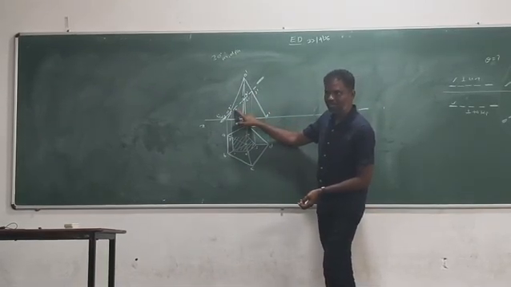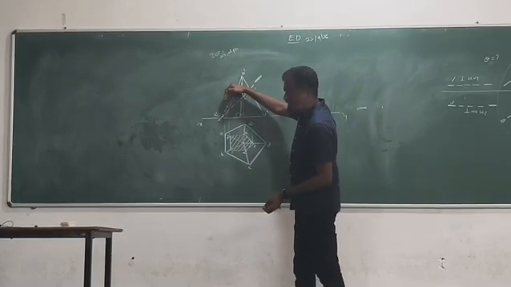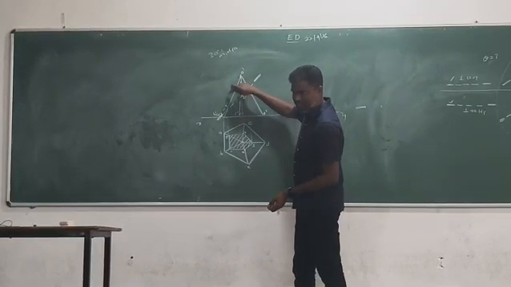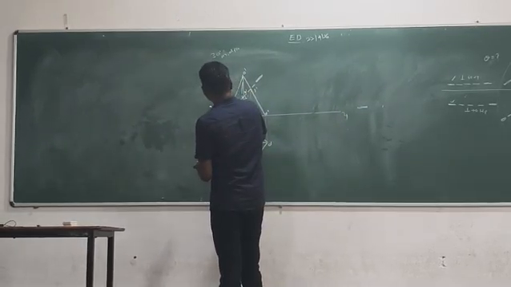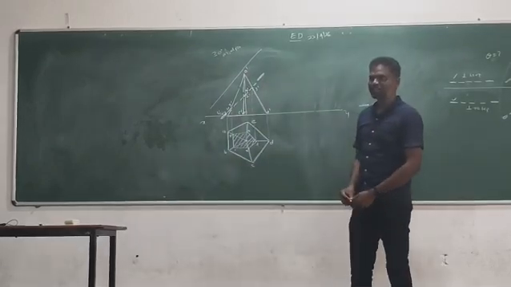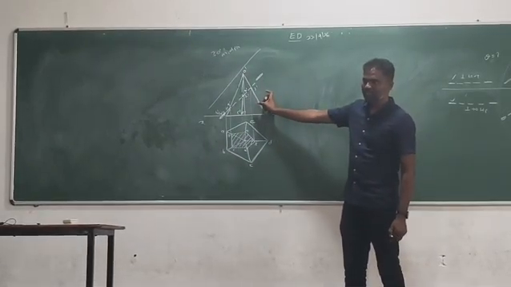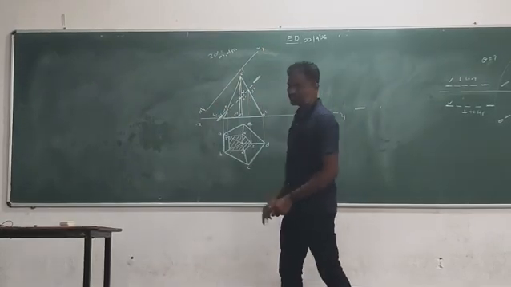Put your drafter parallel to the section plane and take some convenient distance from here, and draw another XY line in this manner with the same inclination of the section plane. Now this will be our X1 Y1 line.